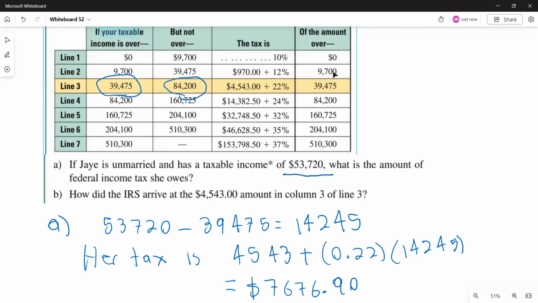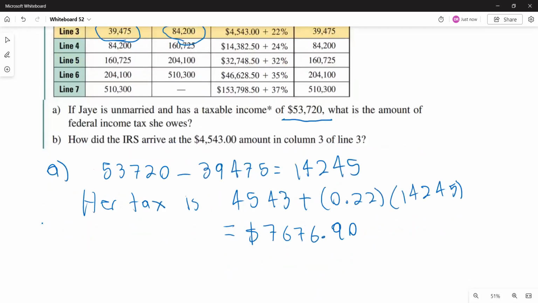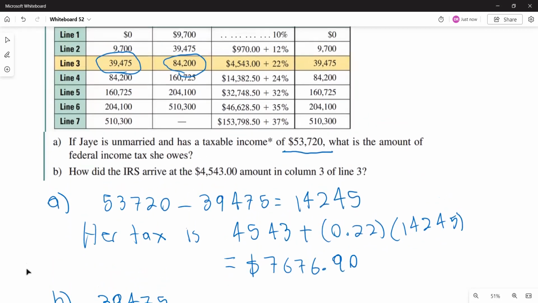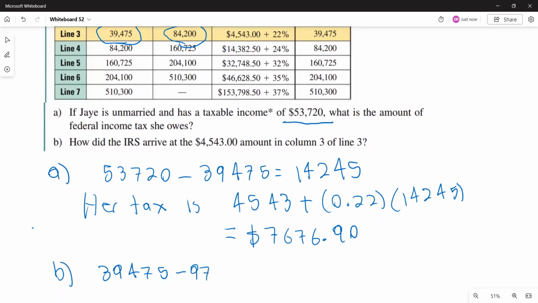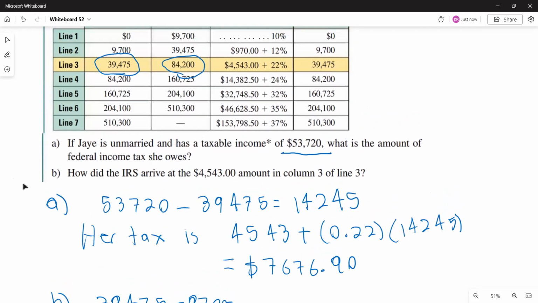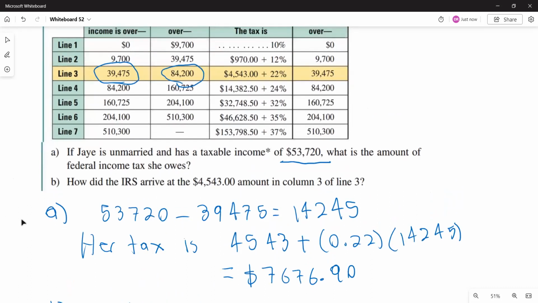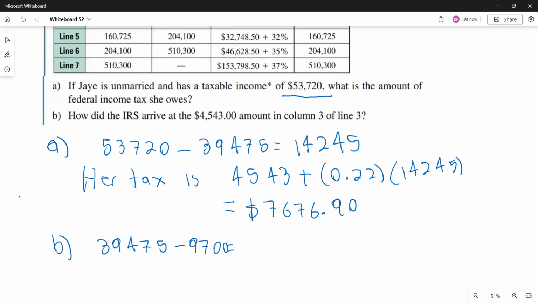The upper limit is 39,475, so we calculate the difference between these two limit values: 39,475 minus 9,700 is 29,775.